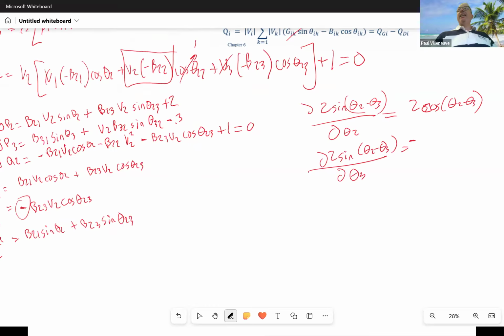I get negative 2 cosine theta 2 minus theta 3, right? Because when I take the partial derivative using the chain rule, I've got to take the derivative that's inside the sine term. It is a minus theta 3. So when I take the partial with respect to theta 3, I get a negative 1 multiplication out there, right? I'm not getting a lot of yeses. Remember from Calc 1?